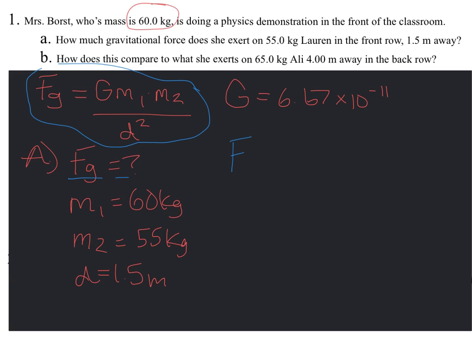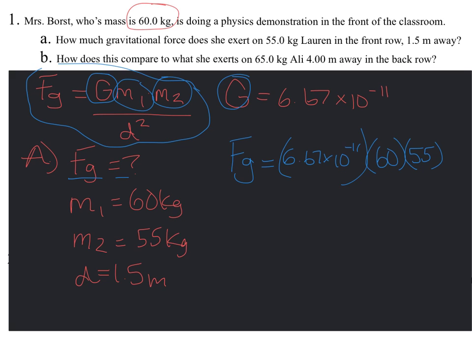My force of gravity, which is what I'm solving for, is going to be equal to my big G, which happens to be 6.67 times 10 to the negative 11th. And then I'm going to multiply that by my mass 1 and mass 2, which happens to be 60 and 55 kilograms.